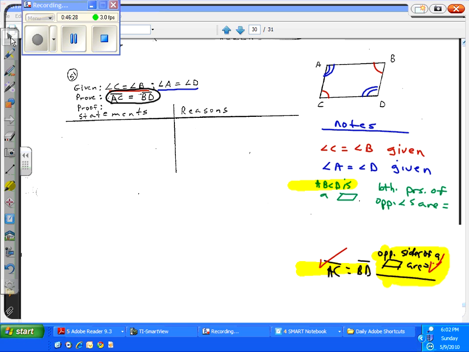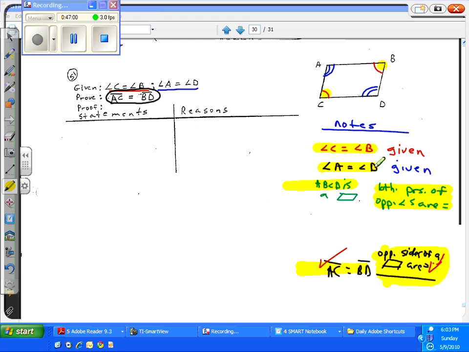So we go to the next needed statement. The next needed statement was this one. And so we need to see what statements it takes to justify that reason and if they exist. If not, we need more information. It says both pairs of opposite angles are equal. Do we have both pairs of opposite angles are equal? C and B, yes.